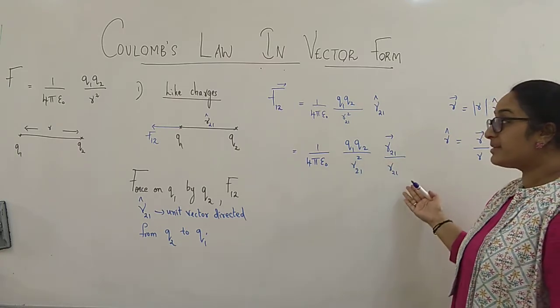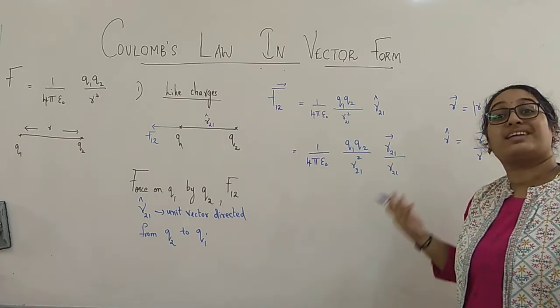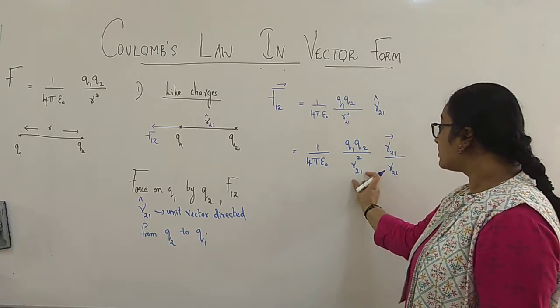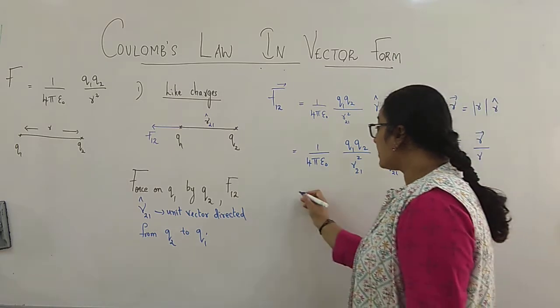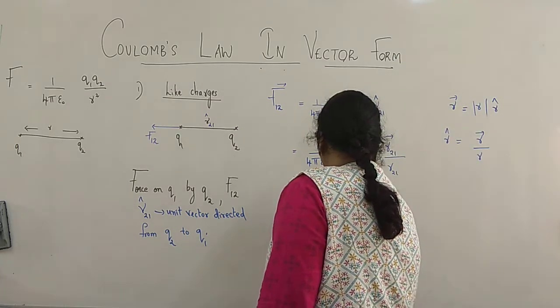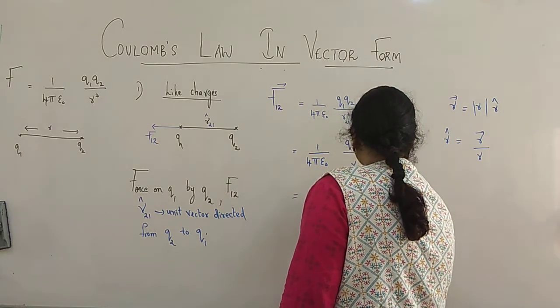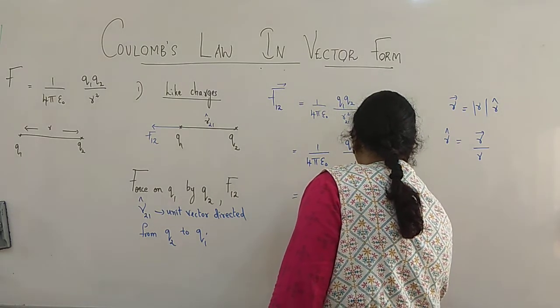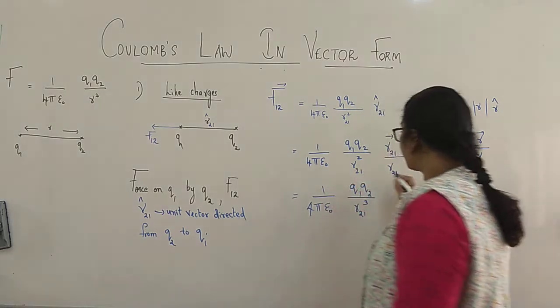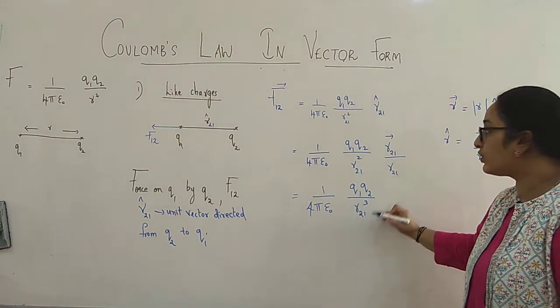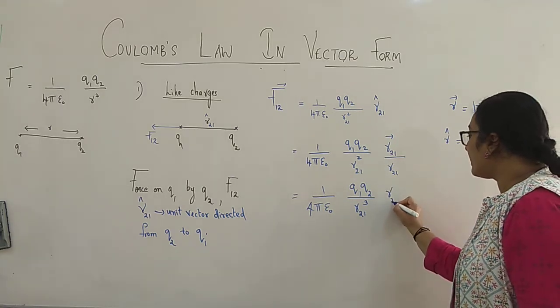So I have represented it by a vector symbol. Now this is magnitude, this is also magnitude, I can include them together. So what do I get now? 1 by 4 pi epsilon naught Q1 Q2 by R21 cube. See, R21 square and R21 I have included together as R21 cube, and R21 vector.